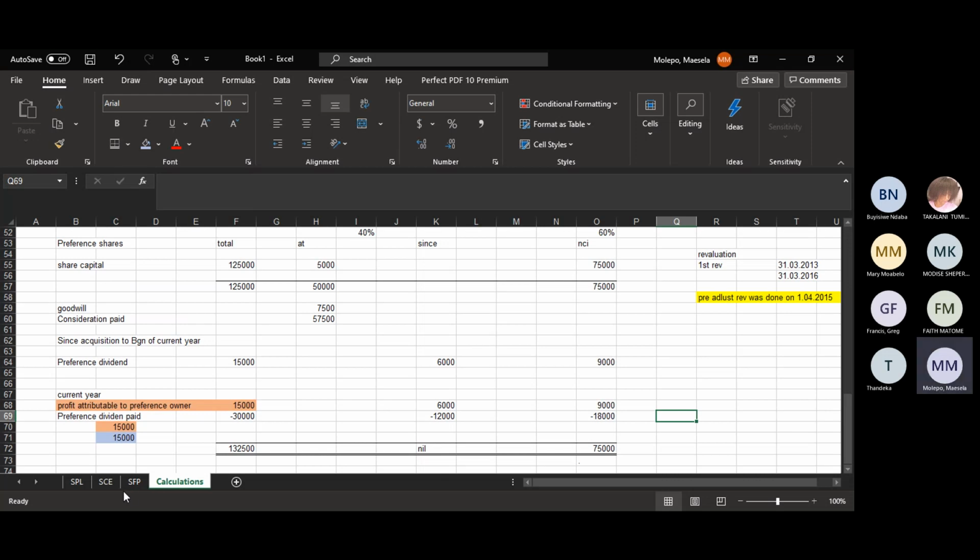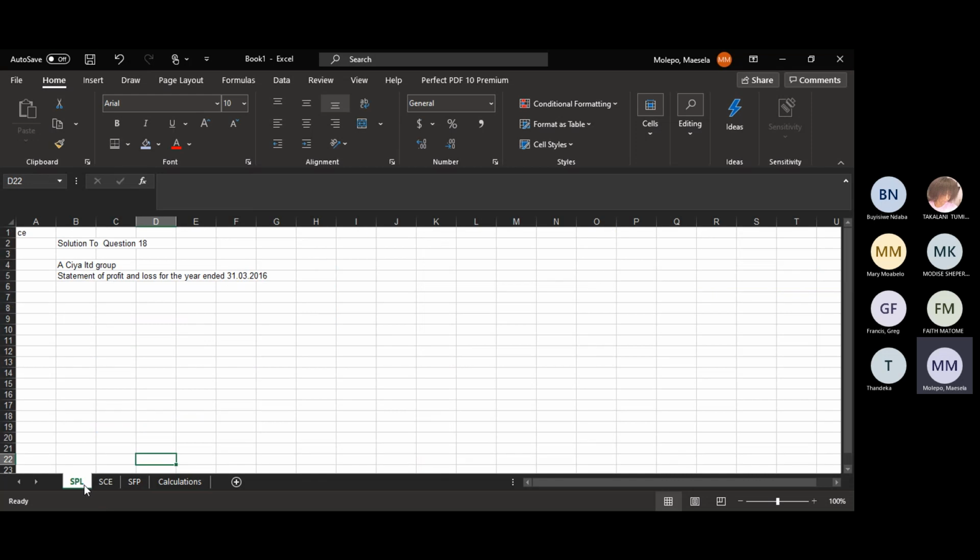So now we're going to go to the consolidation. They say we must draft the consolidated statement of profit and loss. So on the profit and loss, we're going to start with the revenue as usual.